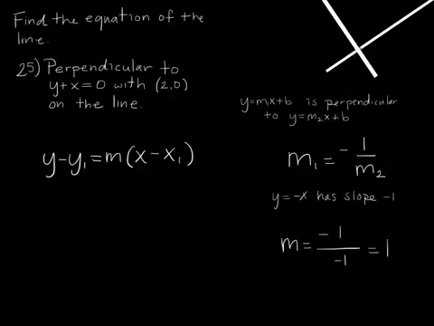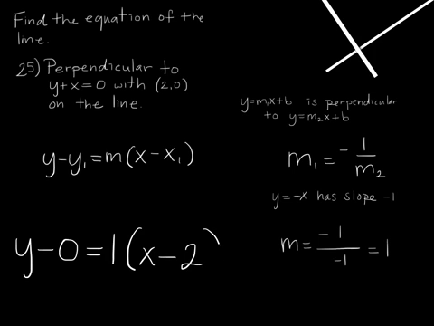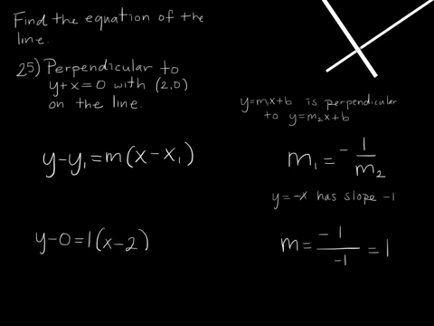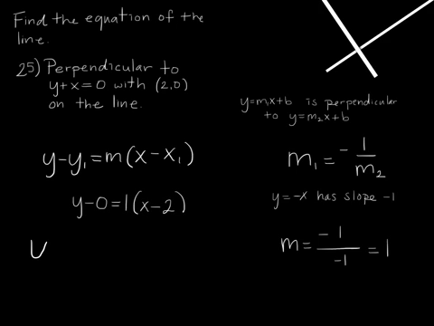So we can simply fill in the details we need. y minus y1, so y1 for us is 0, equals m, so m for us is 1, times x minus x1. And now we have the equation of the line. And we can easily rewrite this in slope-intercept form if we want. And we're done.